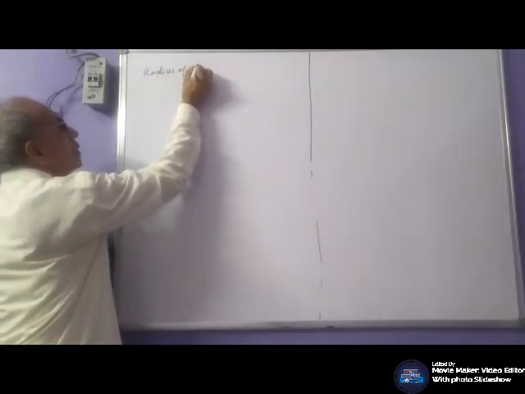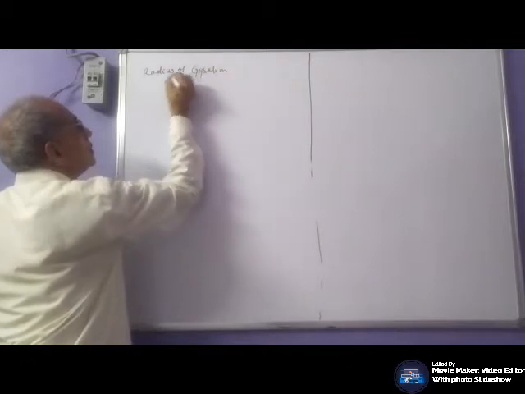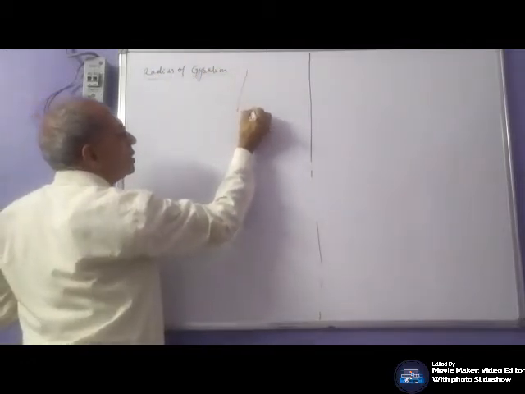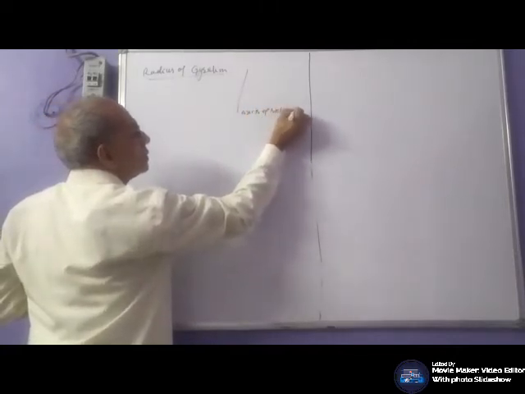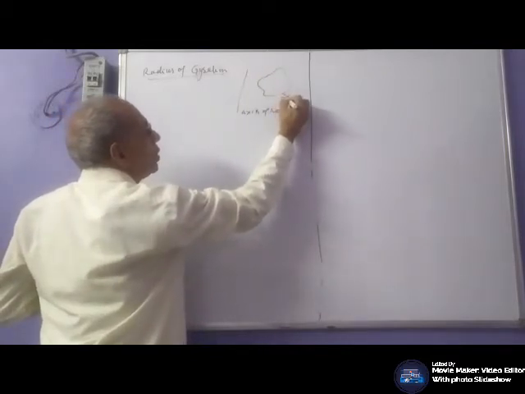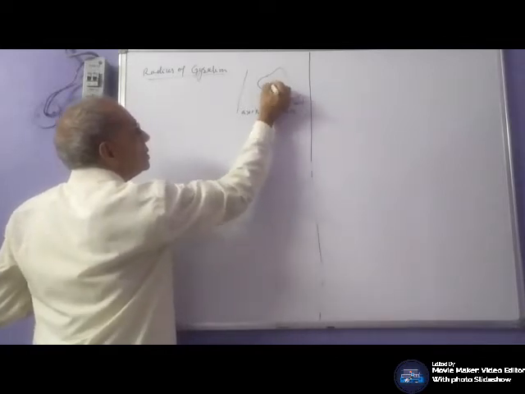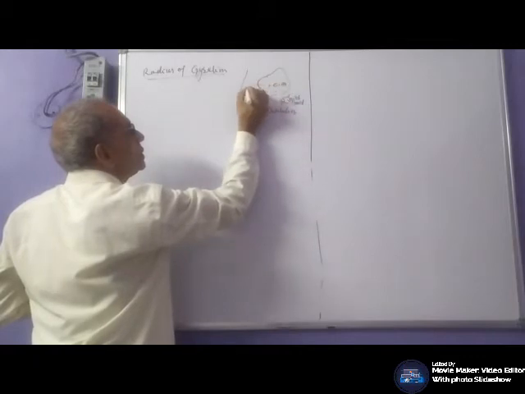Radius of gyration. This was the axis of rotation. This is a rigid body. This point is CM, center of mass.